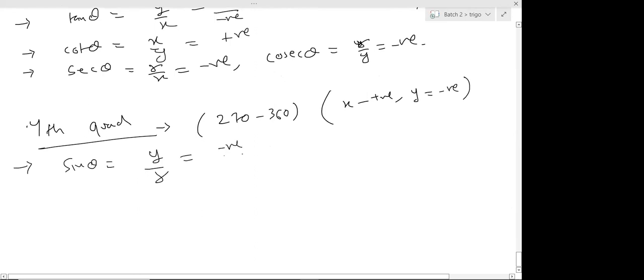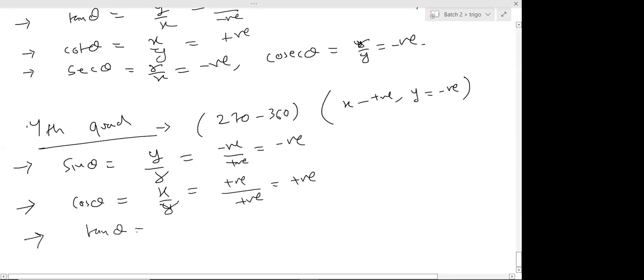So this is negative upon positive. So negative value. Cos theta is x upon r. So x is positive, r is positive. So value of cos theta is positive.